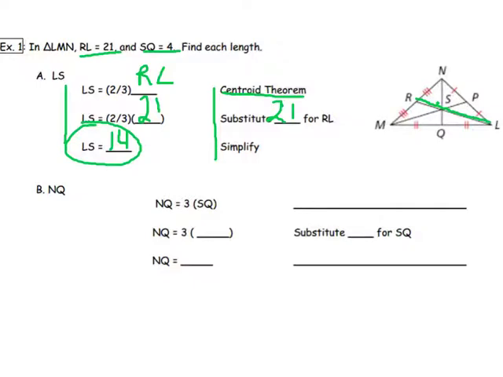Let me change colors. Now we're going to do the same thing here. We have what we're doing and the reasons for it. We know NQ equals 3 times SQ. We know this from the centroid theorem.